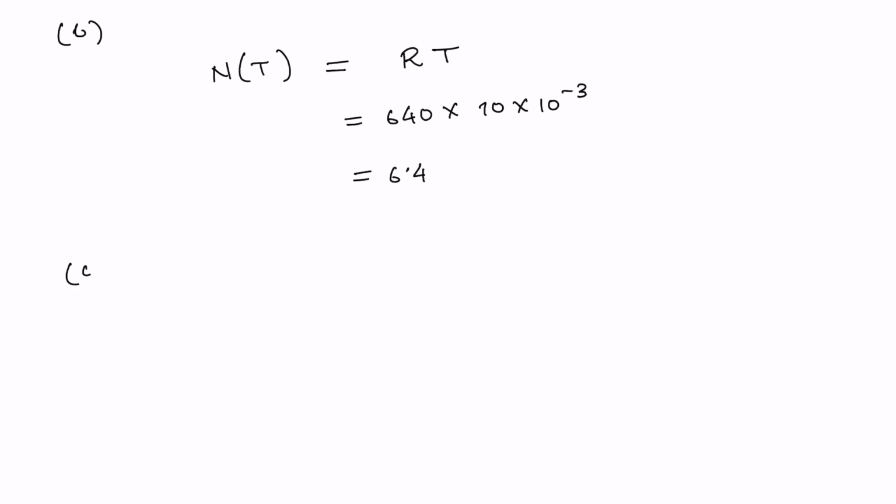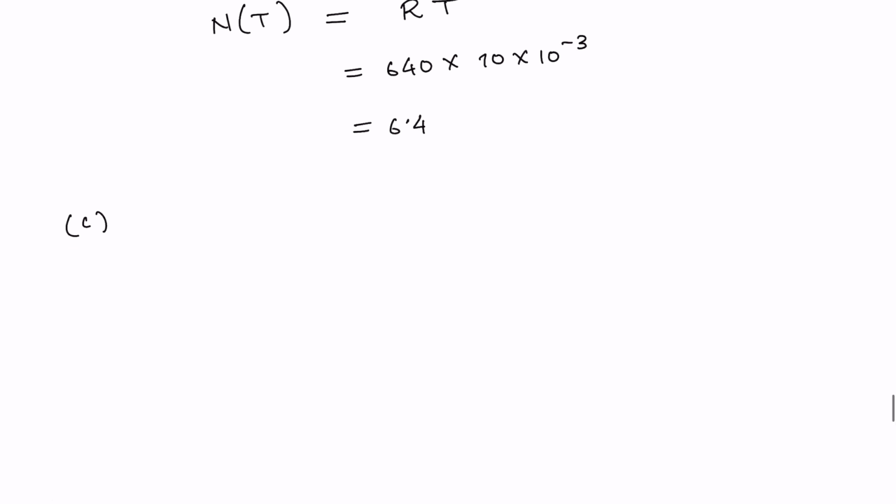Now the third part of the problem, the standard deviation in the count value. You see it is also given that this light beam is going to follow the so-called Poissonian statistics.